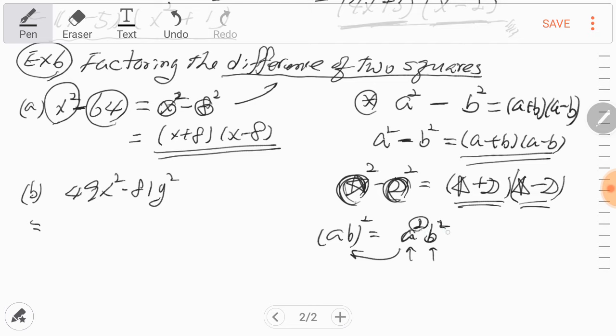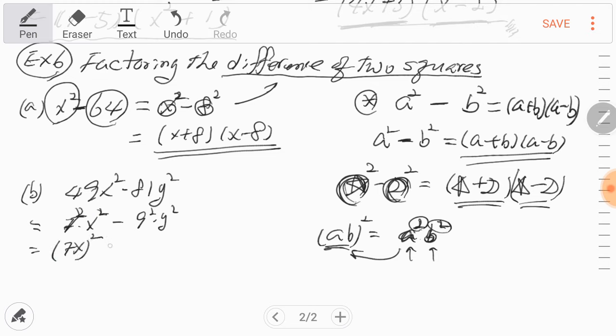So both factors are squared. Then you can put the bases together, a times b, like this. So 49x squared, 49 is 7 squared. And then 81y squared, 81 is 9 squared, y squared. So each factor is squared. So we can put the bases together.